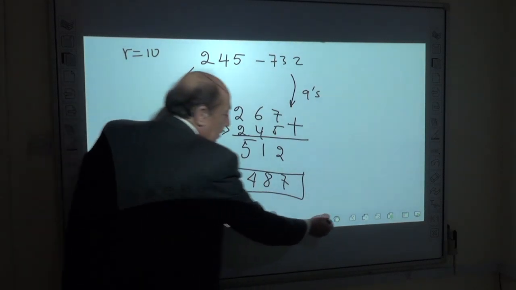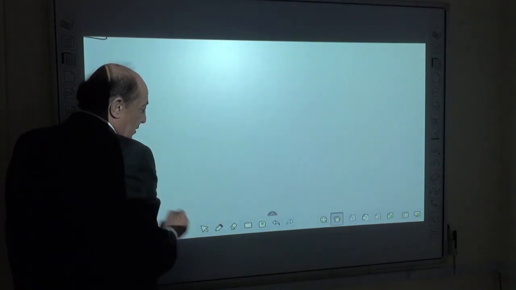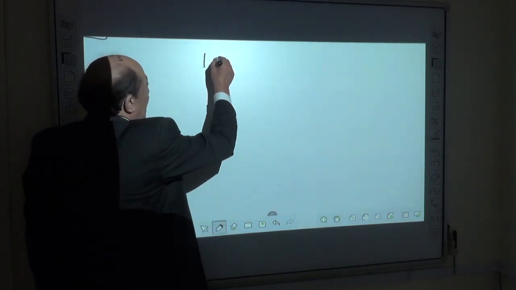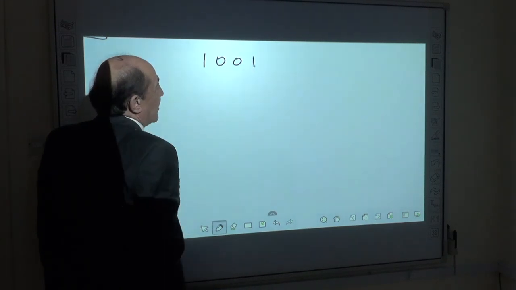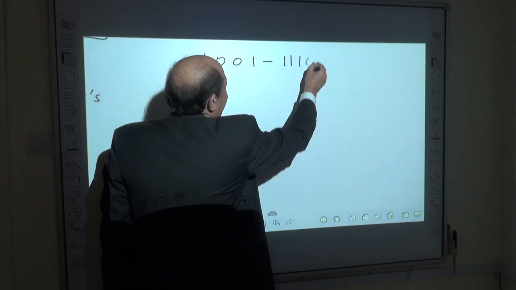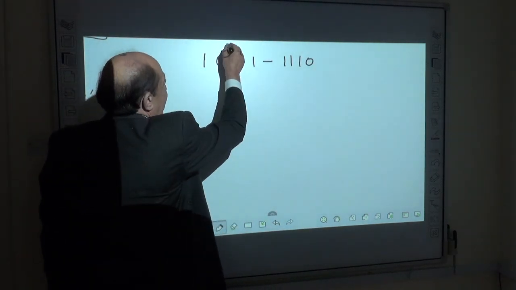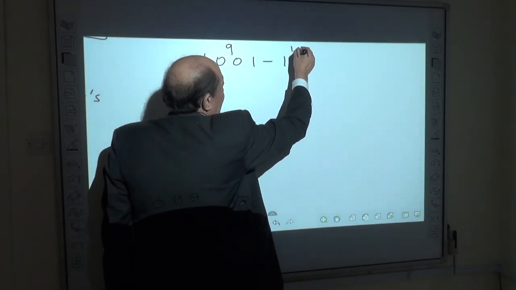Example on binary, same. If we have two numbers, for example, 1001, I'll take this, minus 1110. This is 9 and this is 14.